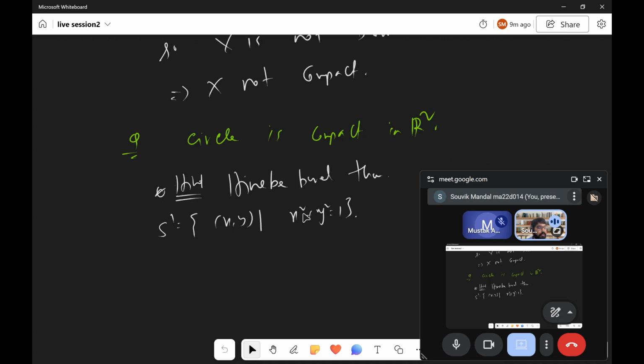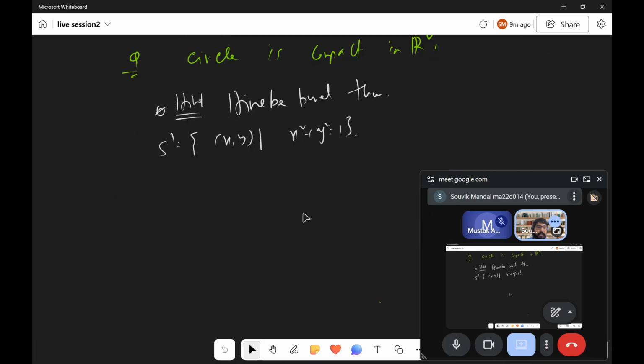So the closedness can be seen by using the sequential criterion. So it's closed. Why? Basically, you have to use the sequential criterion.